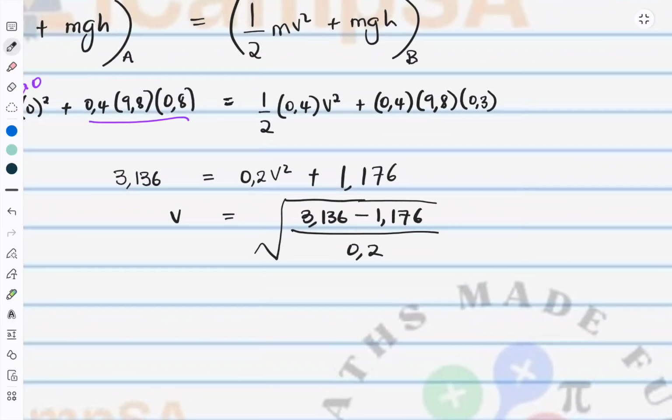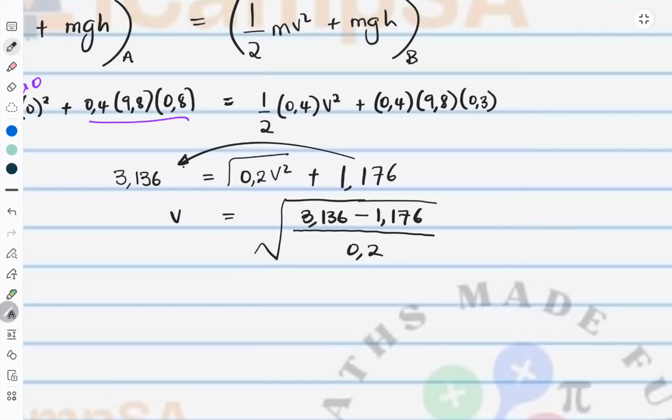Basically step 1, I took this, I transposed it to the other side. After transposing that, I divided both sides by 0.2, to get rid of the 0.2 on the right hand side of the equal sign. After doing that, I then took a square root of both sides, both the v and whatever will be on the left hand side, and then my result was this one.